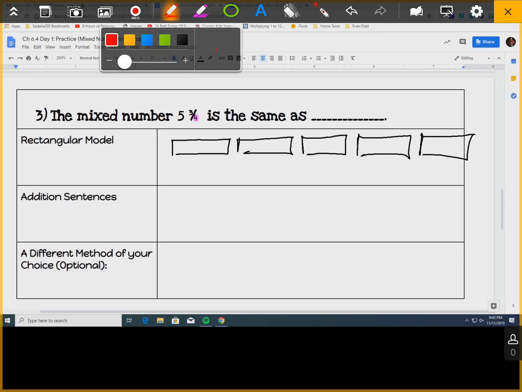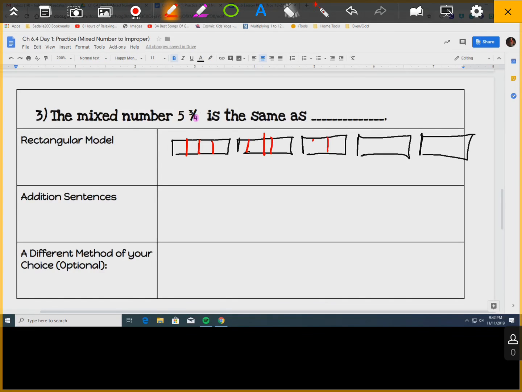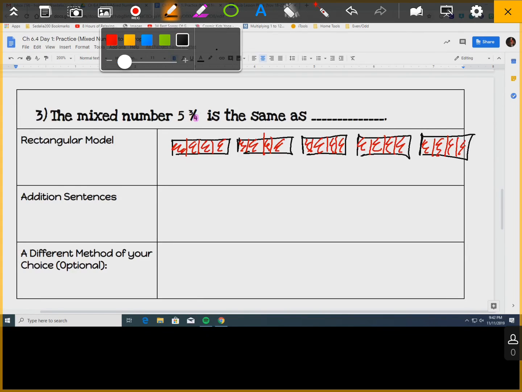So all my wholes are created by fourths. And in each whole, I'm going to color in 4 out of those 4 pieces. Then I have 3/4 more.